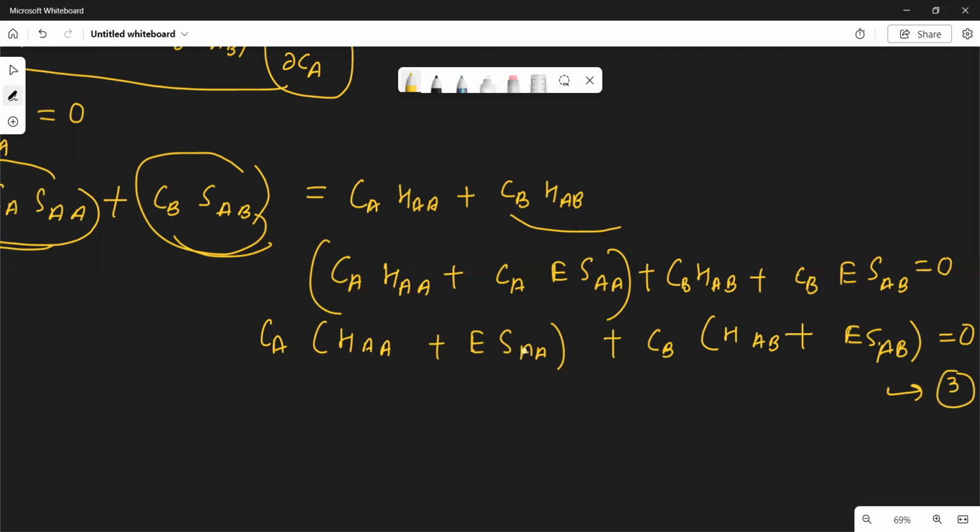Similarly, when you find the derivative of E with respect to C2, I'm directly writing the equation here because there is no need to do the whole procedure. So here I'm writing the direct equation after differentiating E with respect to C2.